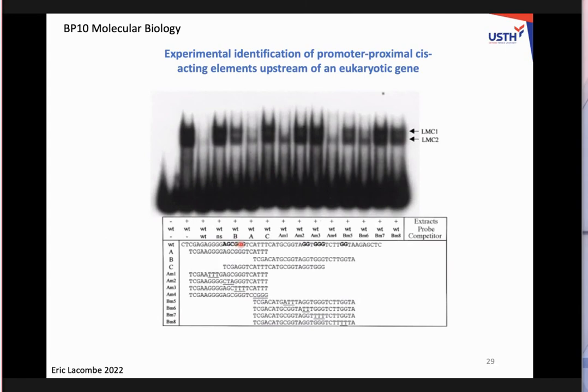If you have any mutation in those nucleotides, you lose completely the formation of the complex. Here you see it because it's a competitor, but they are compulsory for the establishment of the complexes.